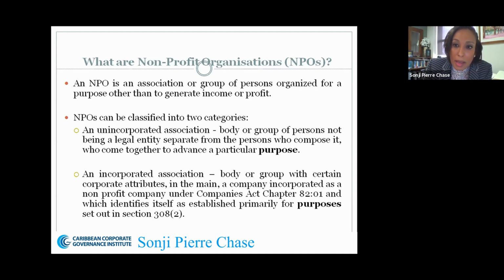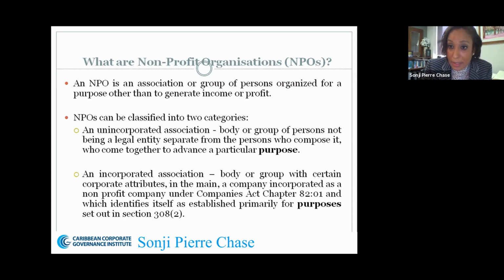So NPOs in the past, not now, so we're dealing with before and now, right? NPOs in the past were classified into two categories. We had an unincorporated association and an incorporated association. An unincorporated association is a group of persons who come together without any legal structure to advance a particular purpose.